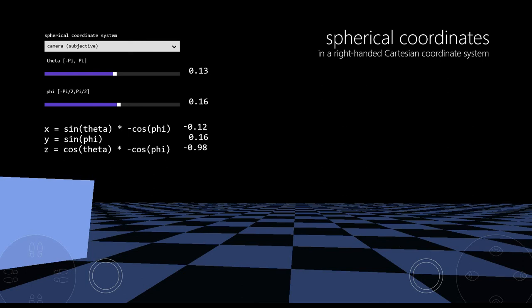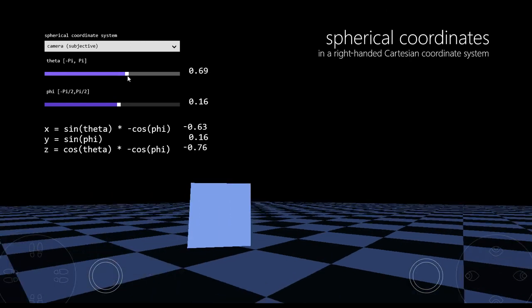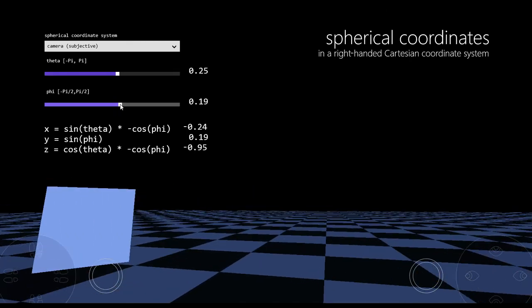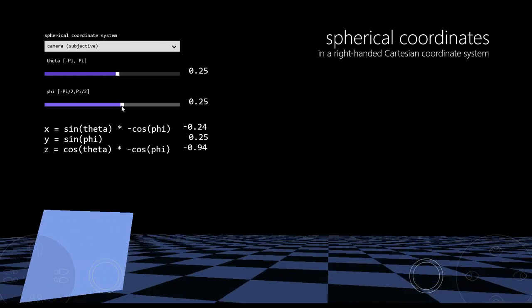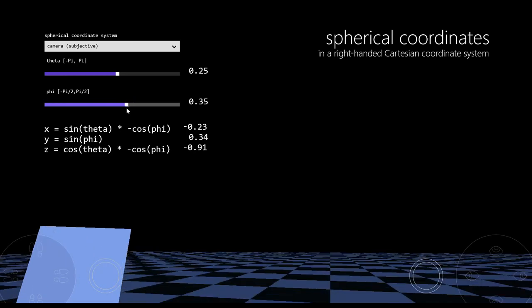And again, positive theta is going to rotate us positively around y, so that pans us to the left, and positive phi is going to rotate us positively around x, and that causes us to look up, or to tilt up.